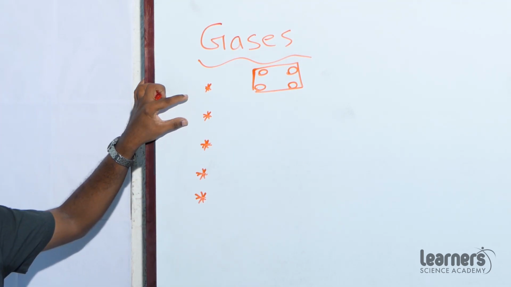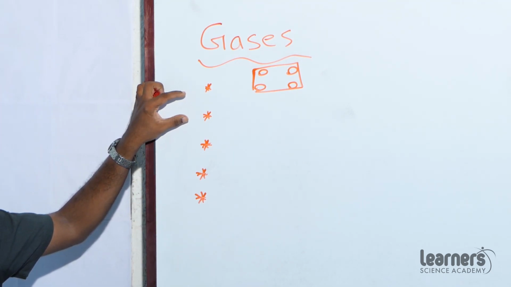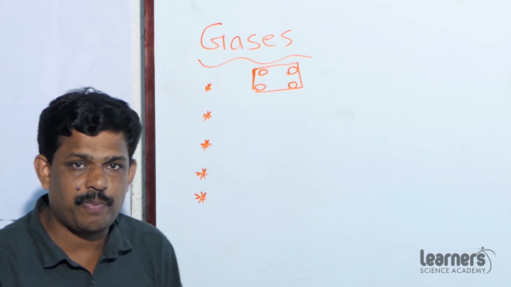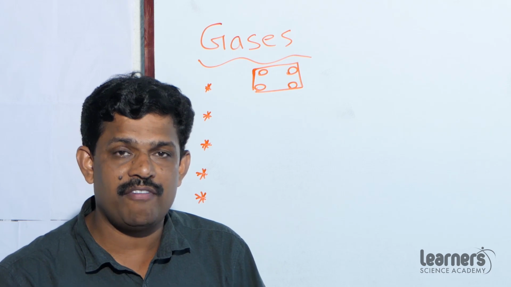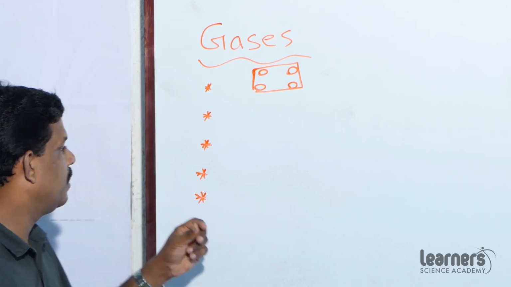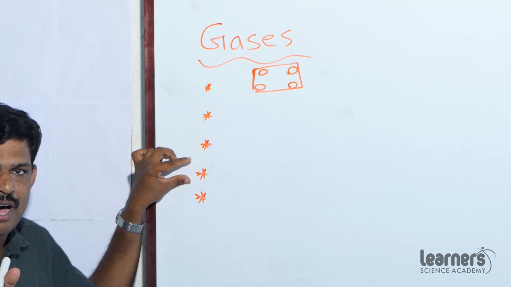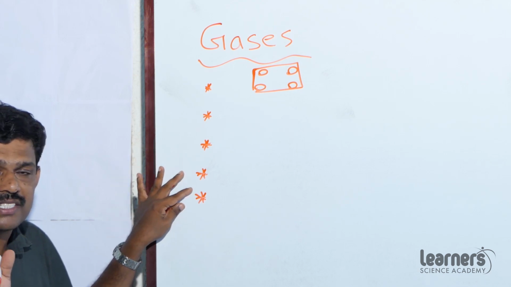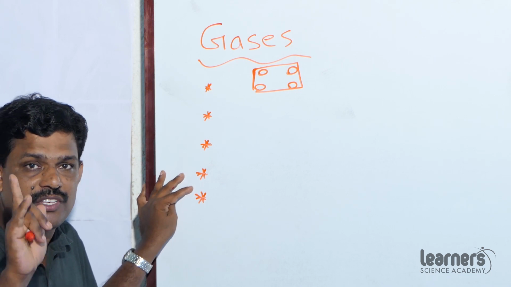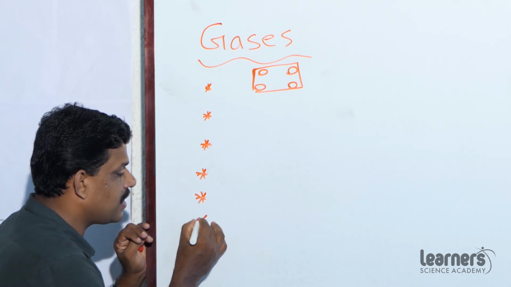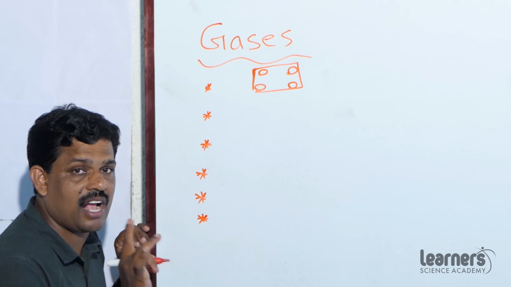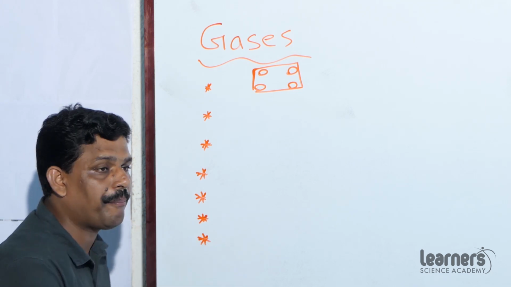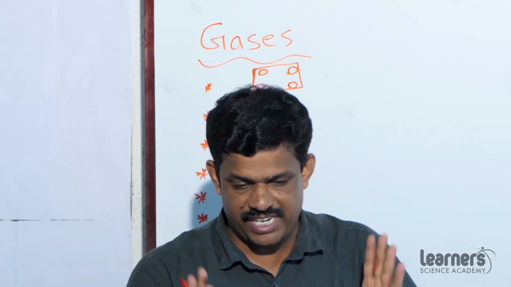Second, there is no force of attraction between gas particles. Third, gas particles have high freedom of motion. Fourth, gases have no definite shape, no definite volume, and are highly compressible. Gases have high capacity for diffusion.